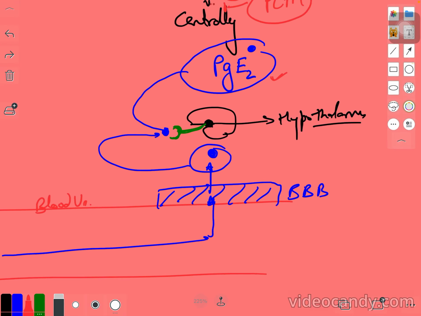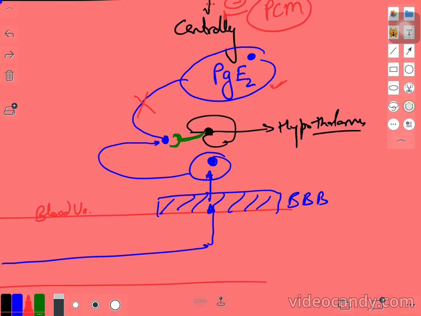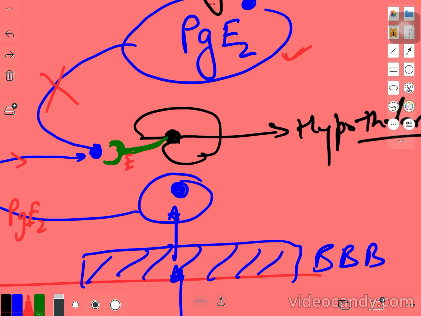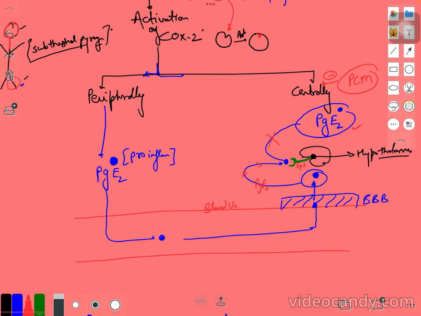By the blood vessel route it came up. So we just shut down this part by giving paracetamol, but still a considerable amount of PGE2 was coming from this pathway, and was causing activation of the EP3 receptor. So this was your EP3 receptor and it was causing the fever.